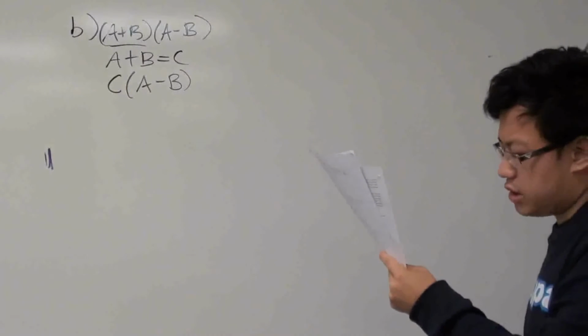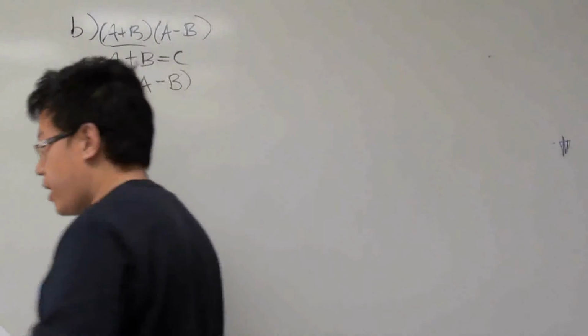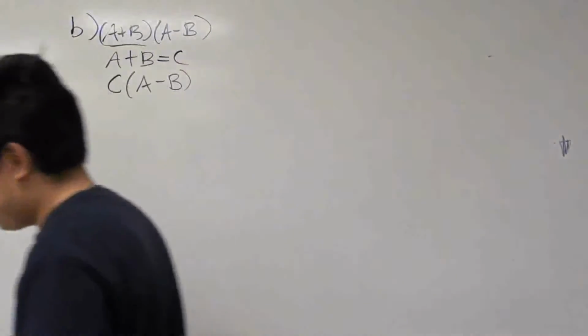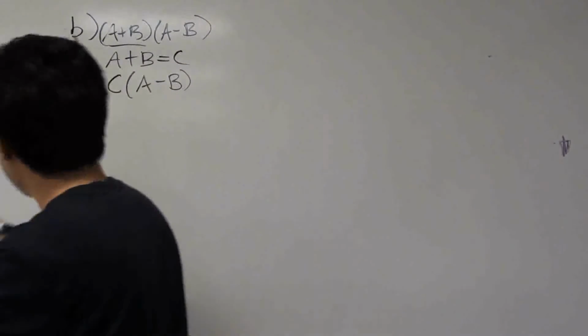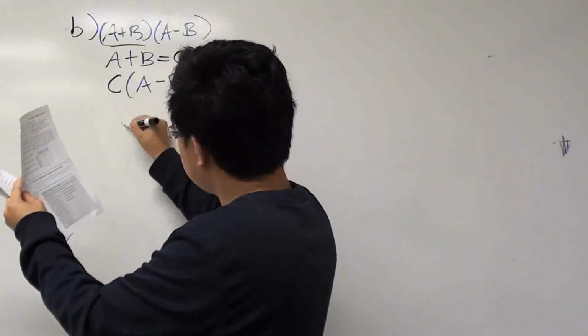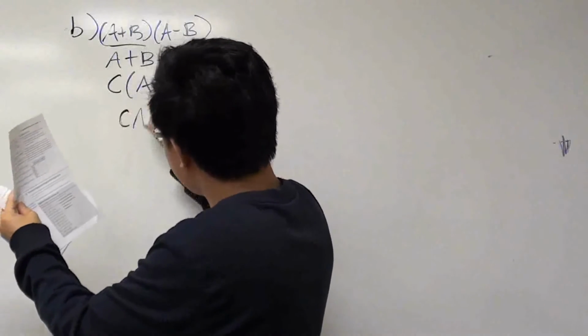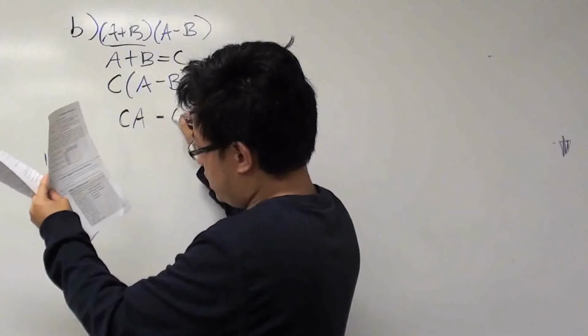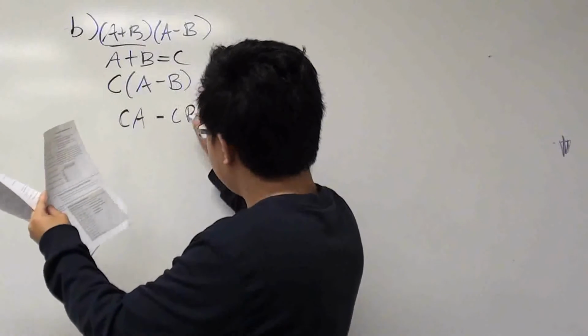So that's on page 39, by the way. So if I have that, what I'm doing here is correct. It's going to be CA equals CB.